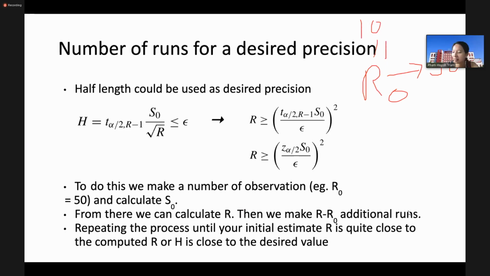All right, so we will take this value from our initial R0 runs. Now for the t value, to make it simple, we can approximate it with the normal distribution. You know that the t distribution is very close to the normal distribution when the sample size is large.